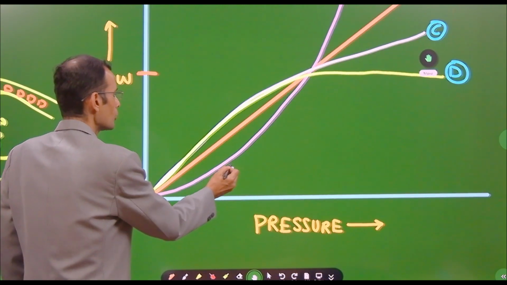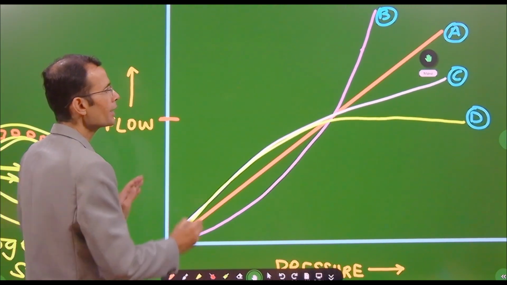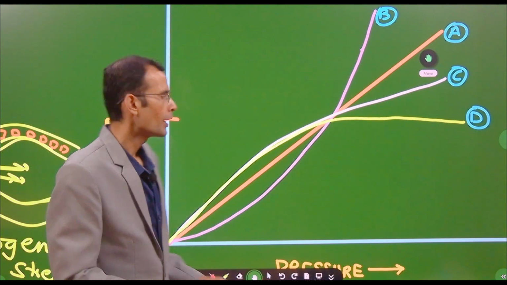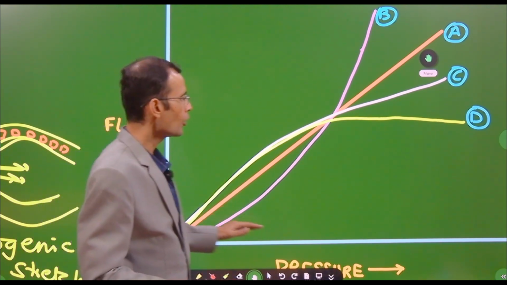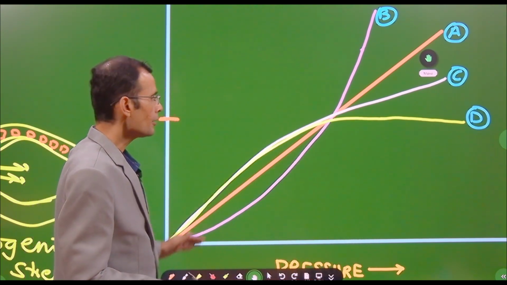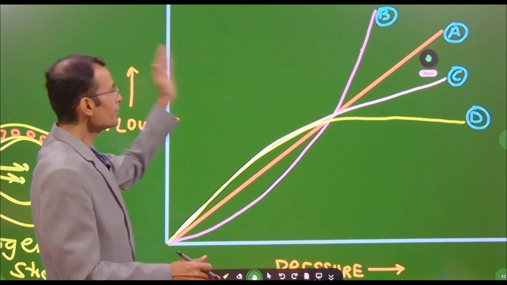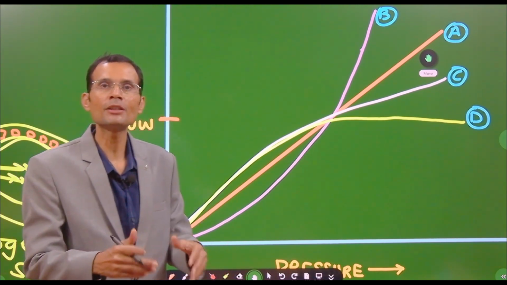On the horizontal axis we have pressure, and on the vertical axis we have flow. Therefore, I have always suggested this, always look at the horizontal axis first, understand the units, and by change of those units, try to gauge what is happening on the vertical axis in the graph.